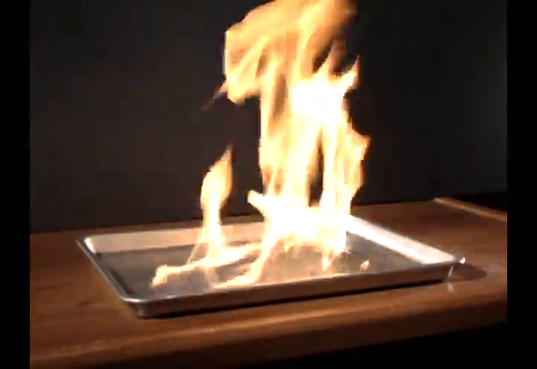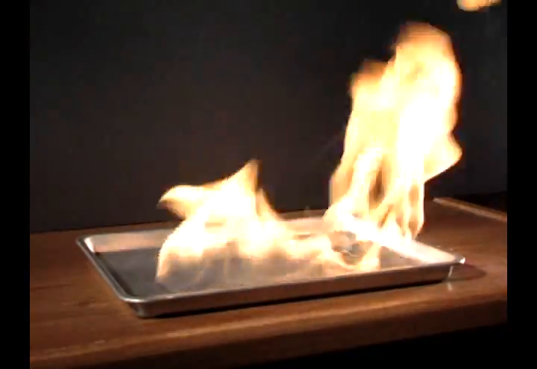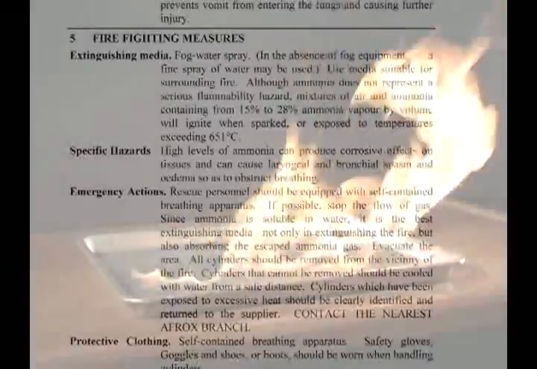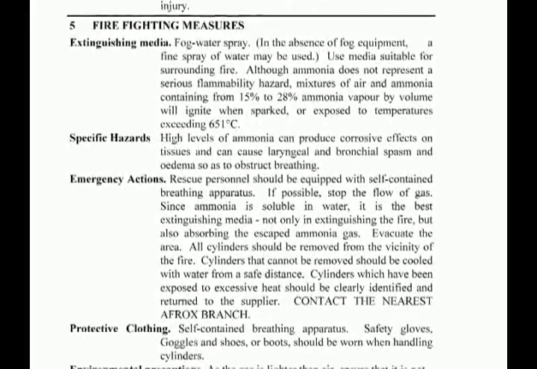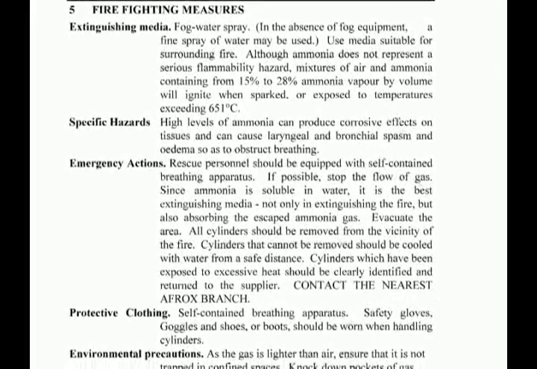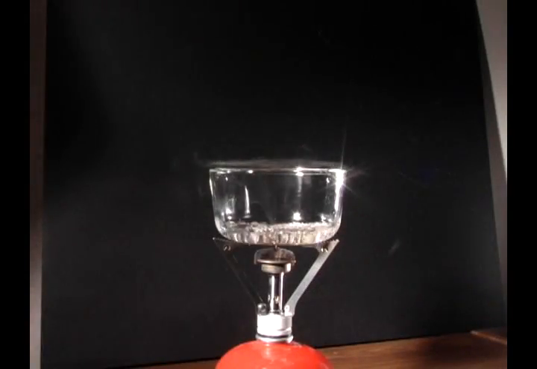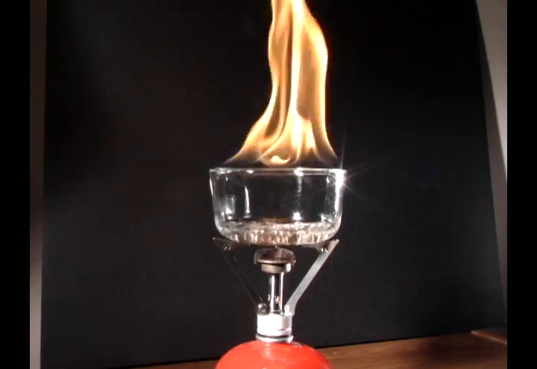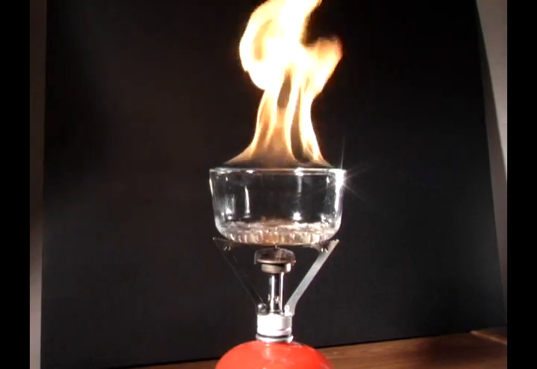Flammability is the potential of a material to ignite or burn. You can determine flammability by using the ratio between vapor and air that allows for an ignition. Flammability information is available in the Firefighting Measures section of the MSDS. Flashpoint describes the minimum temperature at which a liquid produces an ignitable vapor.